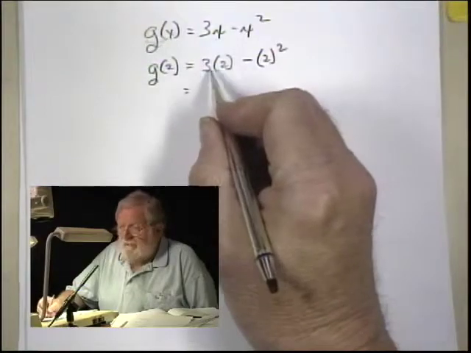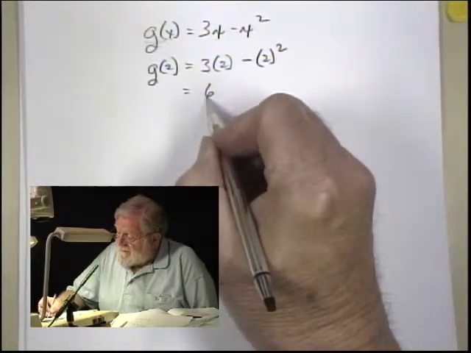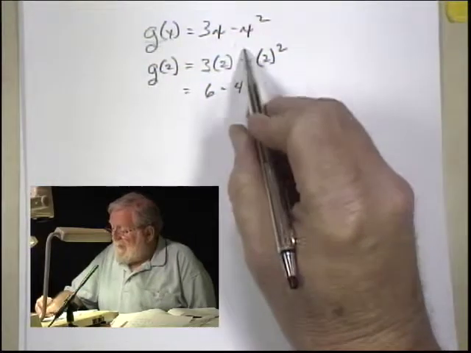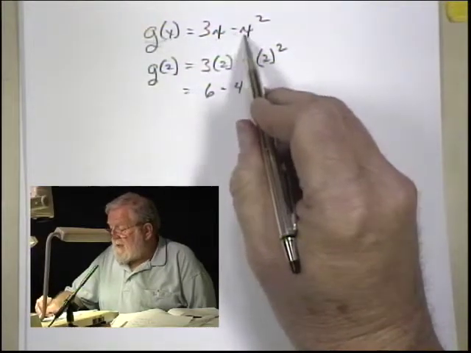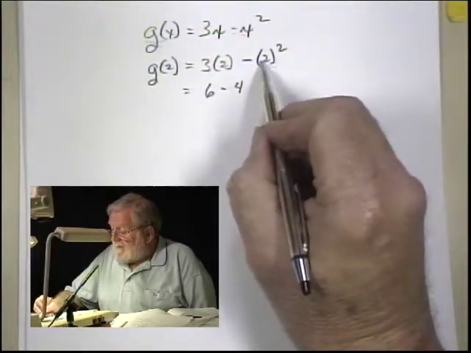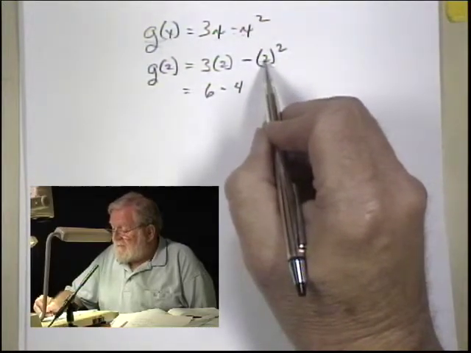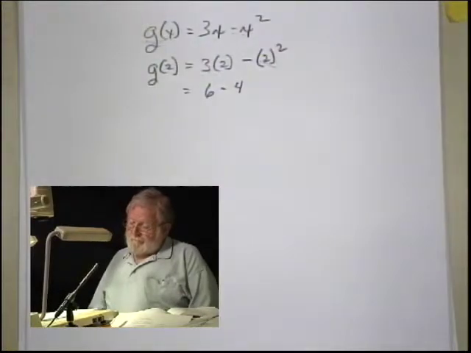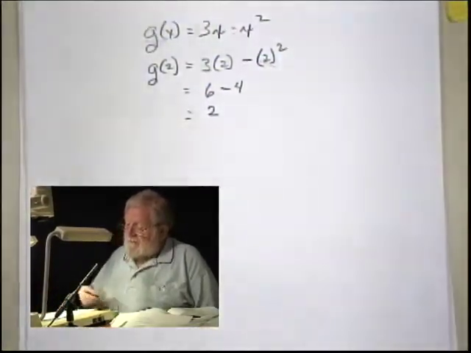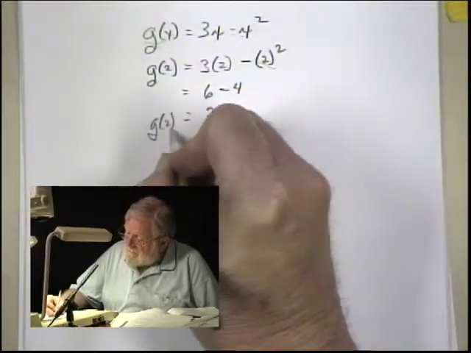So that's 3 times 2 is 6, minus 2 squared is 4. The minus sign is outside of the x. We're not going to square a minus 2, we square the 2. So that's equal to 2. So g of 2 equals 2.